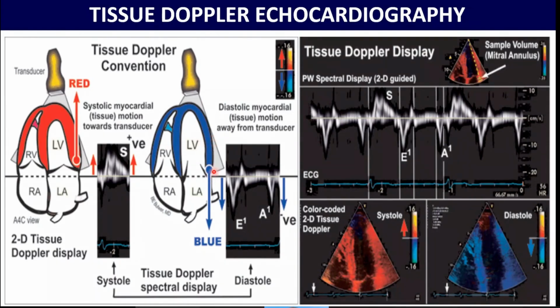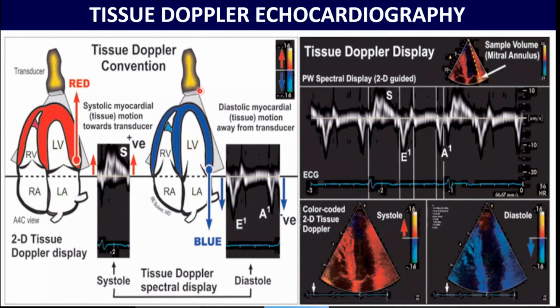Here we are looking at tissue, not the blood. So the tissue is moving at a low velocity but high amplitude, and here the machine, when you press the tissue Doppler button, eliminates the high frequency and low amplitude signals, so only tissue movement is determined. So in the systole you get the S wave.